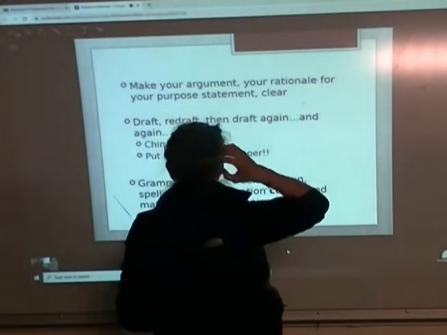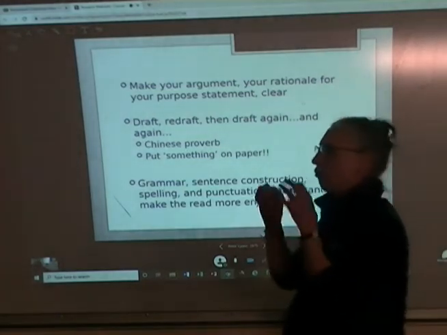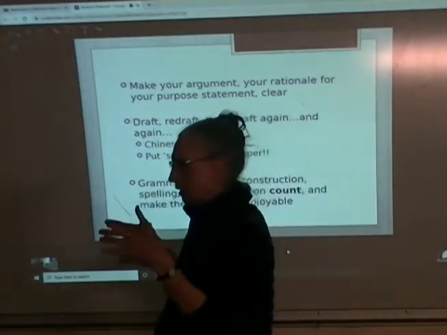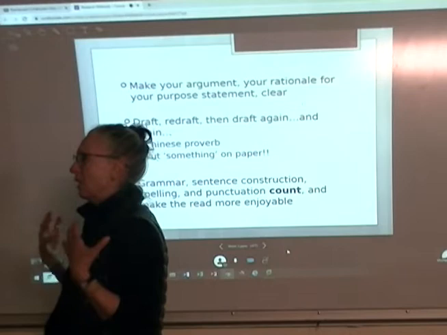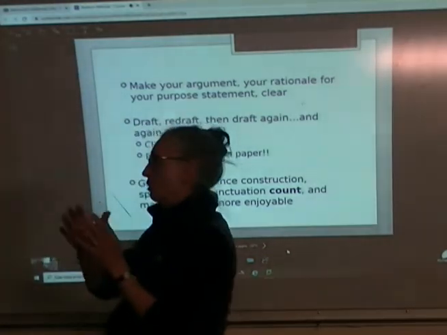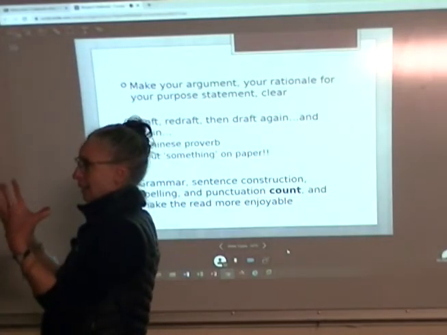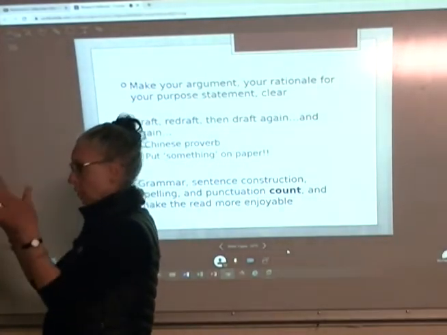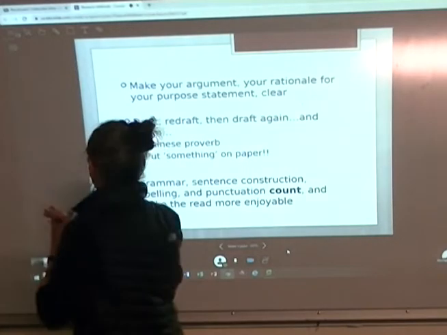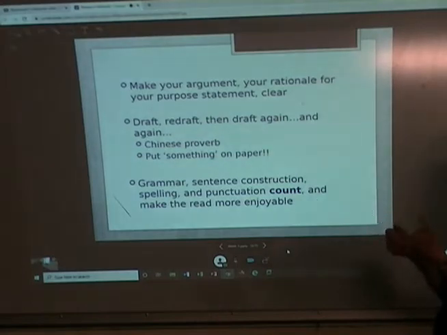So you want to make your argument, your reason for writing whatever it is you're writing, very clear to the reader. Don't make them try to guess at what you're doing, all right? You don't want to leave it too long before you make that crystal clear to the reader, because otherwise they lose interest, right?